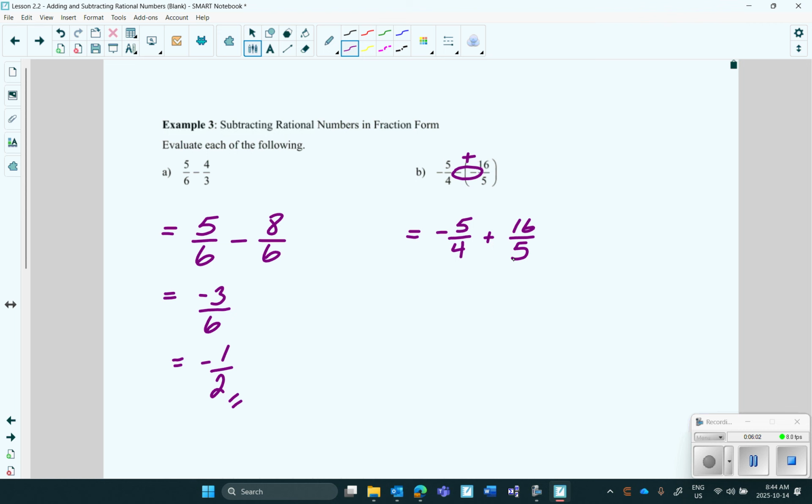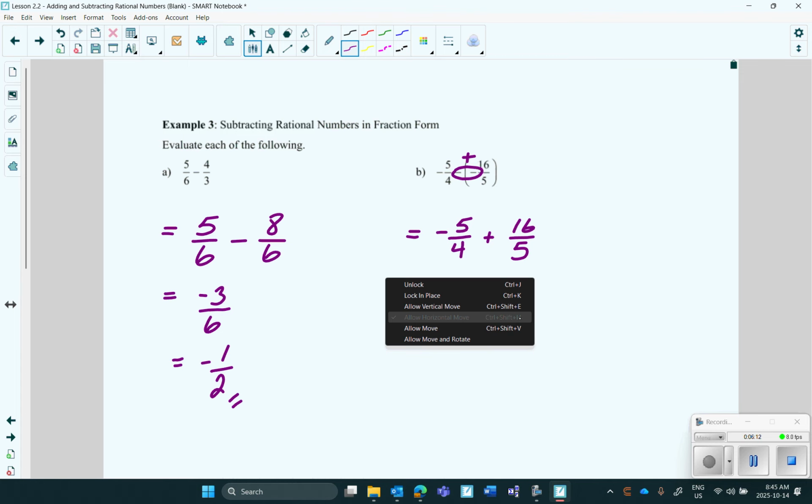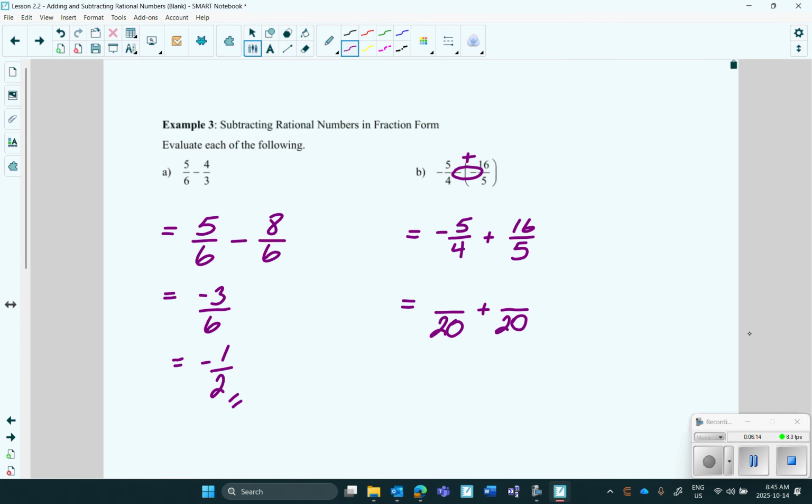And now go to your common denominators. Lowest common denominator is 20. So the first numerator becomes negative 25. Second one becomes, it's a little big, 64.